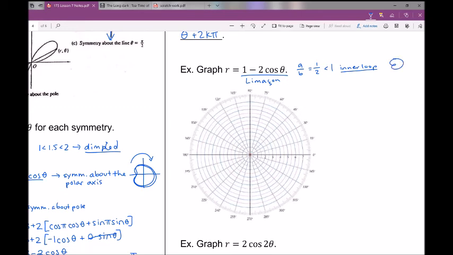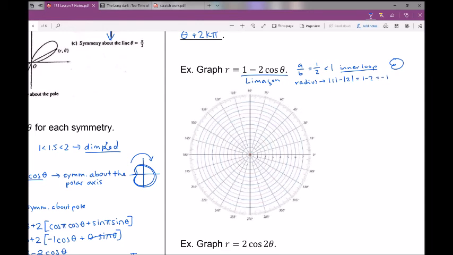And we can figure out the radius of the inner loop by simply doing the absolute value of a, so the absolute value of 1, minus the absolute value of 2. What we get is 1 minus 2, which is negative 1.